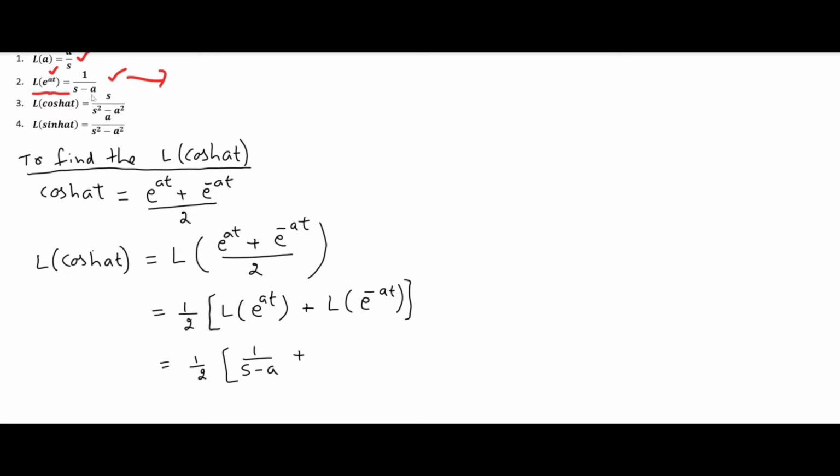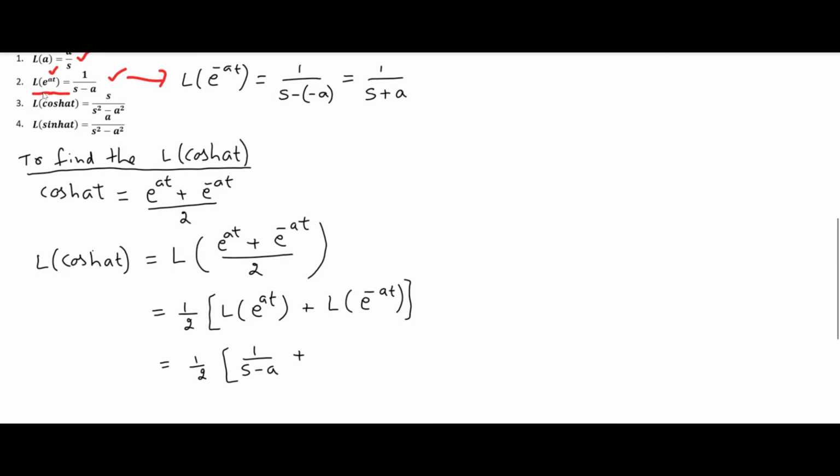So if you have a negative value, in that case you can rewrite the Laplace transform of e power of minus at. In this case the coefficient of t is minus a, so it will be equal to 1 by s minus of minus a, which becomes 1 by s plus a.